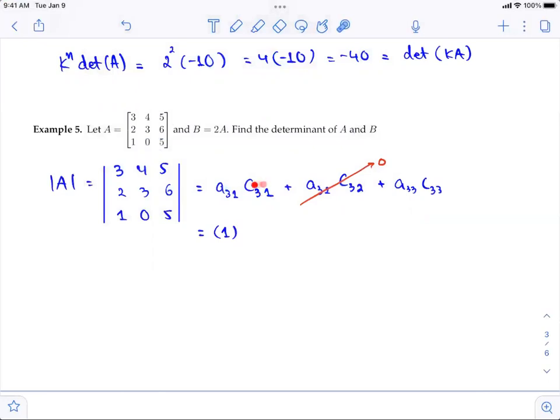Right? So let's look at the signs for the minors. So plus, minus, plus. So this is positive M31, plus A33, which is equal to 5 times C33. So this is positive, negative, positive, so this is positive M33.